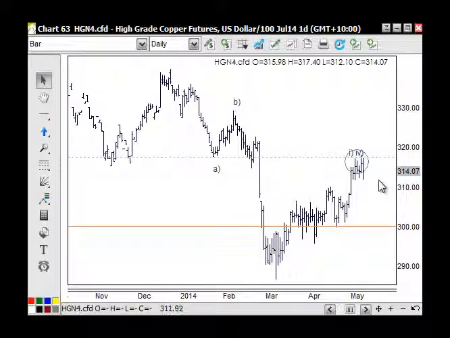And this is why we've got to work through this particular count that we've got, to see if it's going to fail from here and find 310 as resistance, because as I mentioned, that will affect the BHPs, and this can just move down from here. But if we're going to find support here as a larger wave 4 and then move up, well, then we need to work with that as well. So we're at a little junction that we need to work through.